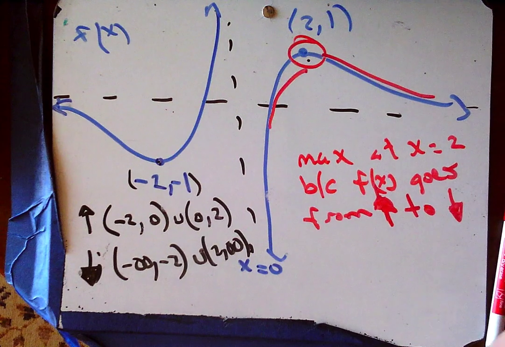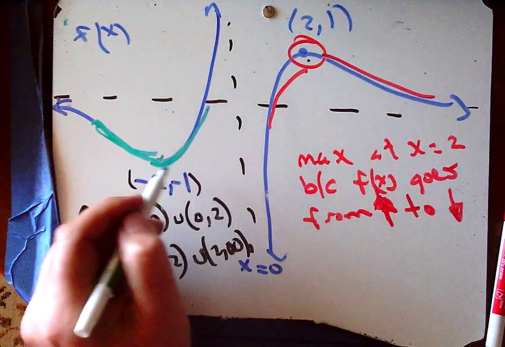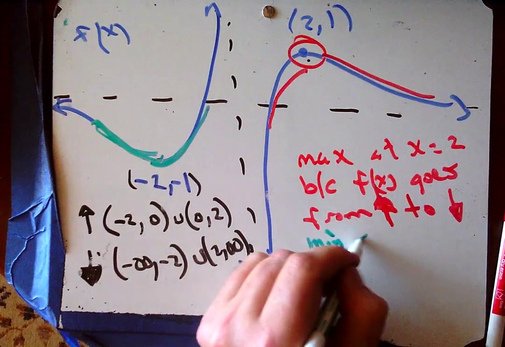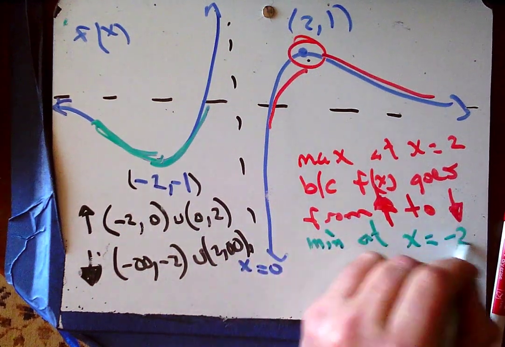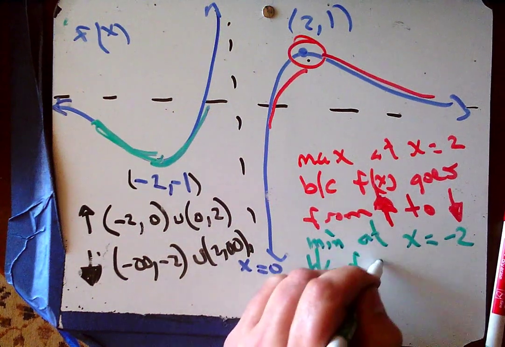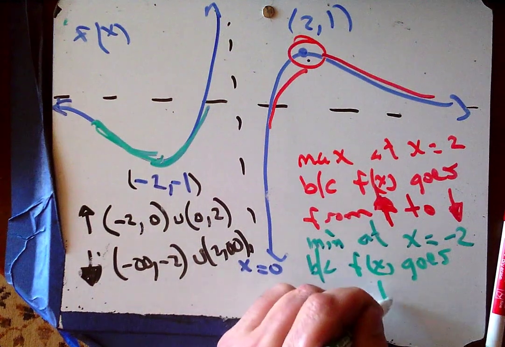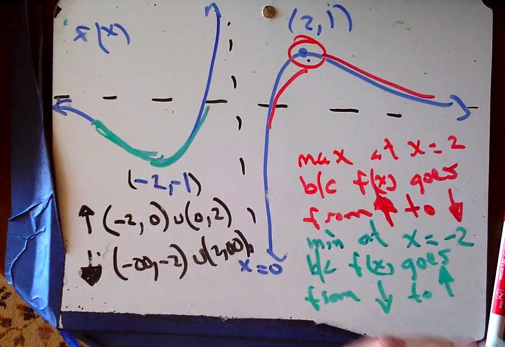And I see a min over here at -2, min at x equals -2, because f goes from decreasing to increasing, okay?